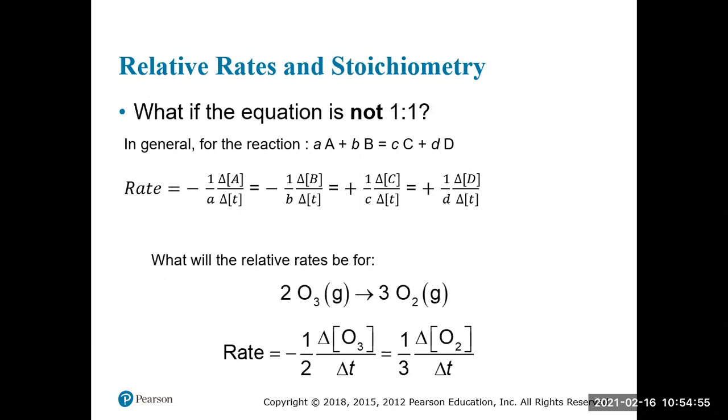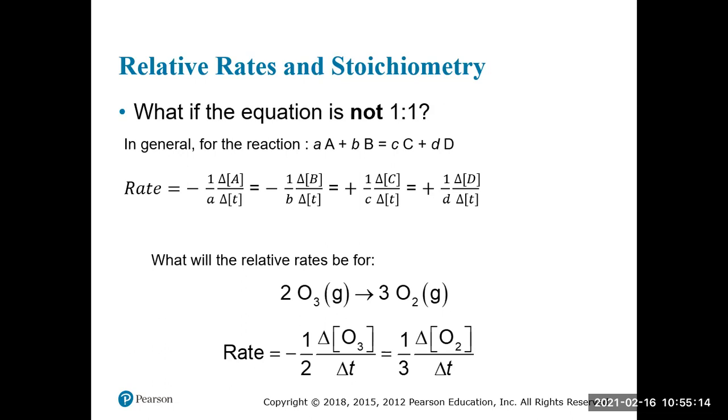Then the way we would express that rate equation would be, for the A component, 1/a, with a being the small a that you see in front, that coefficient. And B would be 1/b, C would be 1/c, D would be 1/d, times the change in the concentration divided by the change in the time.